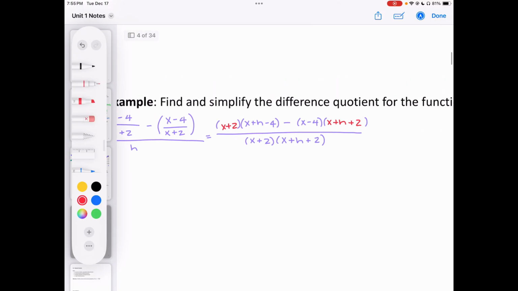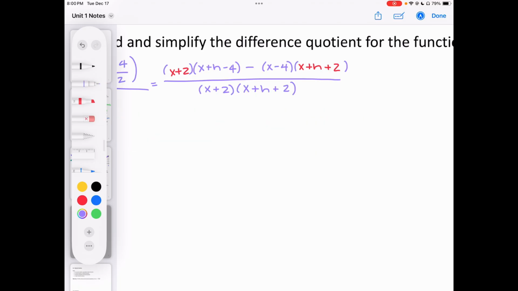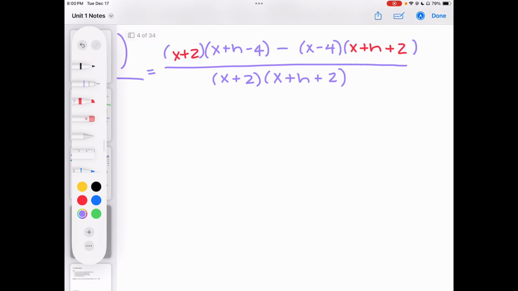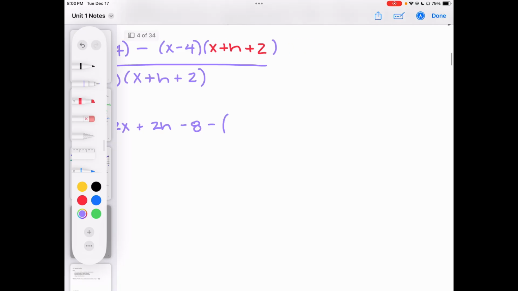And now we unfortunately have to do a little bit of messy math and simplify. So let's go ahead and distribute. I'm going to take my time this time and try to not make the same mistake. So x squared plus xh minus 4x plus 2x plus 2h minus 8 minus x squared plus xh plus 2x minus 4x minus 4h minus 8.